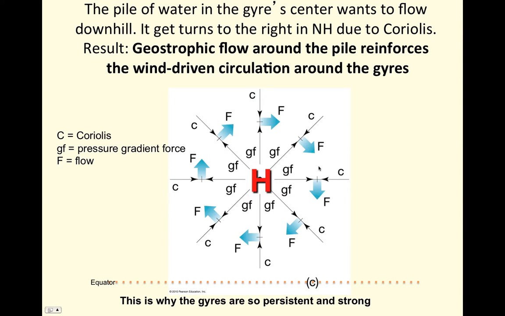The net result is you have a geostrophic flow, again, a balance between a pressure gradient force and a Coriolis force. This geostrophic flow goes around the pile in the same orientation as the surface currents were going in the first place. So the geostrophic flow around the pile reinforces the wind-driven circulation around these gyres. So therefore, that's why these gyres are so persistent and so strong.